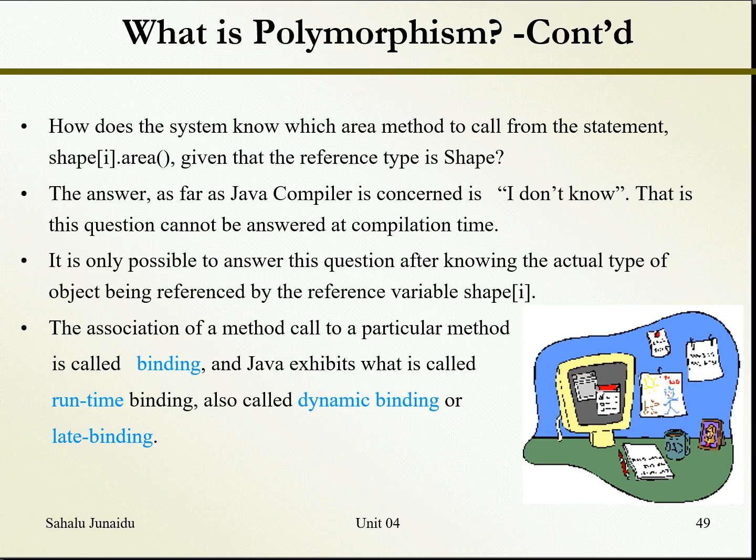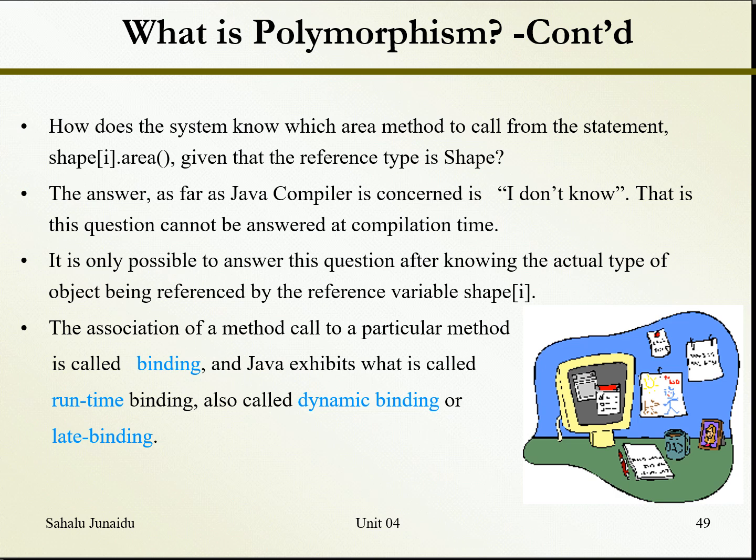There are many compilers that support early binding, that is static binding. Dynamic binding, running time binding, or late binding, any of the three names you call, it means the same. Because Java supports late binding, the association of a method call to a particular method is called binding.